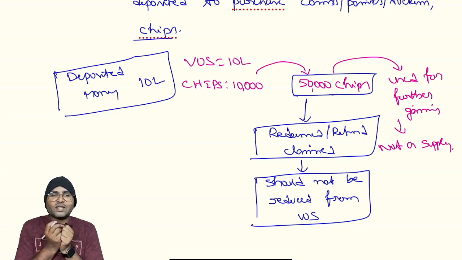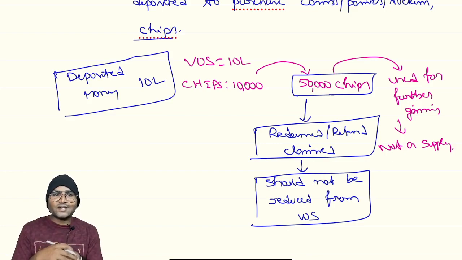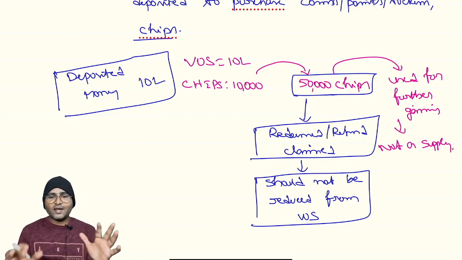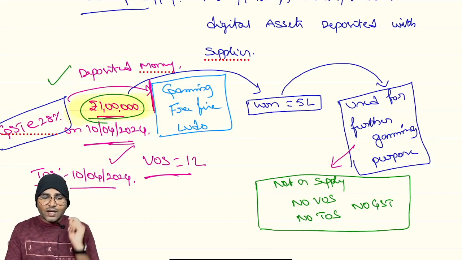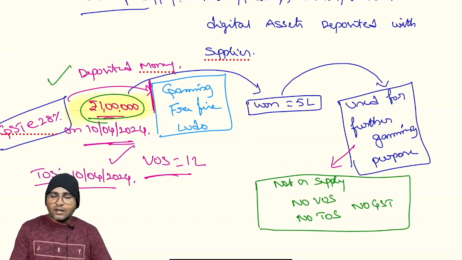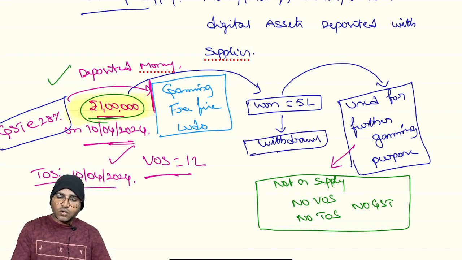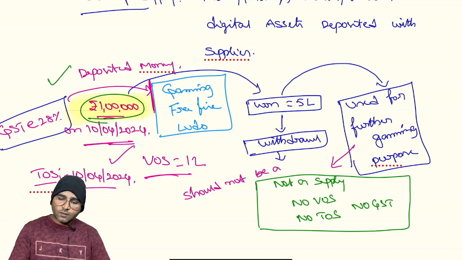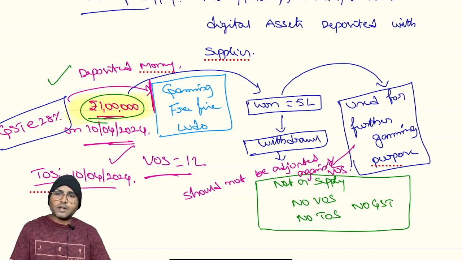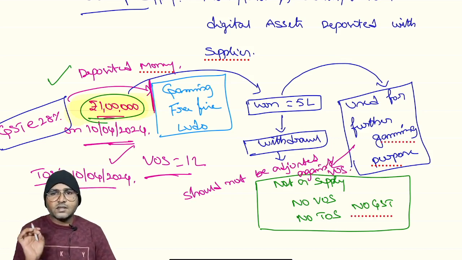Now I am withdrawing 50,000 chips so that I can reduce. Can I adjust this amount? No way. Suppose in the same thing here, 1 lakh rupee deposited for online gaming, and when you are withdrawing 5 lakhs, at the time of the withdrawal, it should not be adjusted against value of supply. Please note the point. Should not be adjusted against the value of supply.